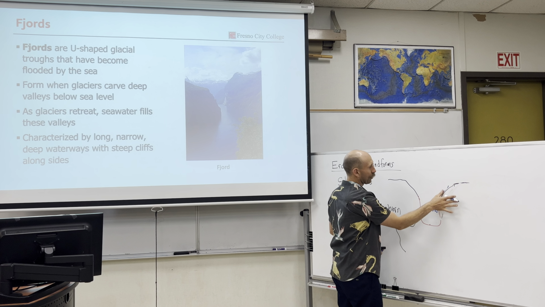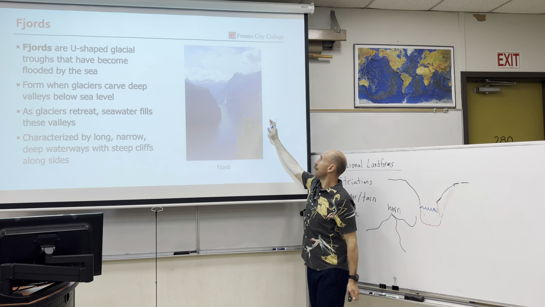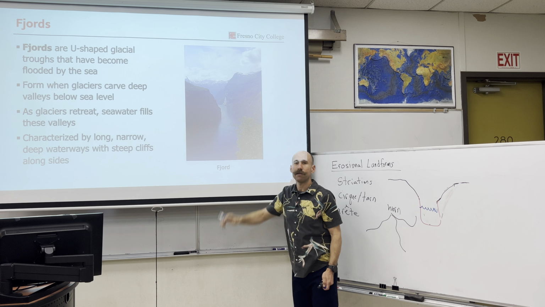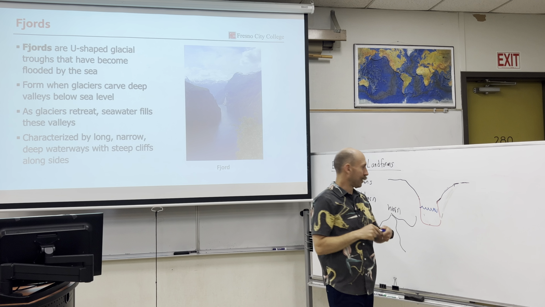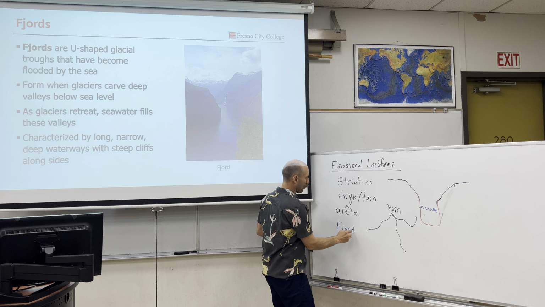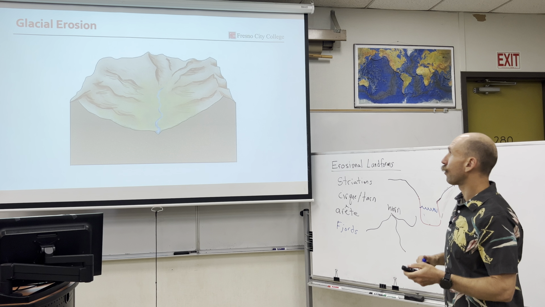We are no longer in Yosemite. Now filled with water all the time, giving you steep sides, steep cliffs, deep, long, narrow waterways. So let's put this one on. Fjords. Common around the east coast of Canada and various places around the world.